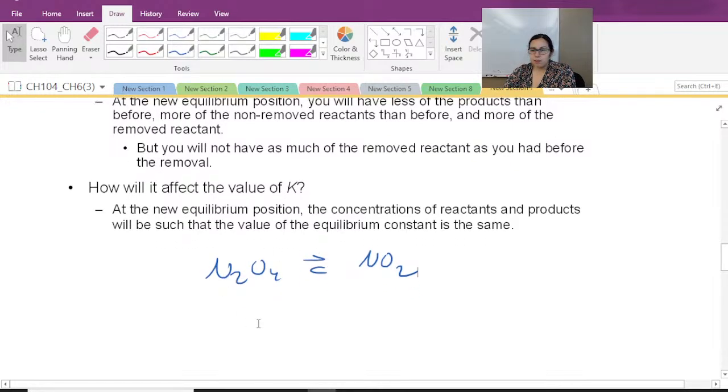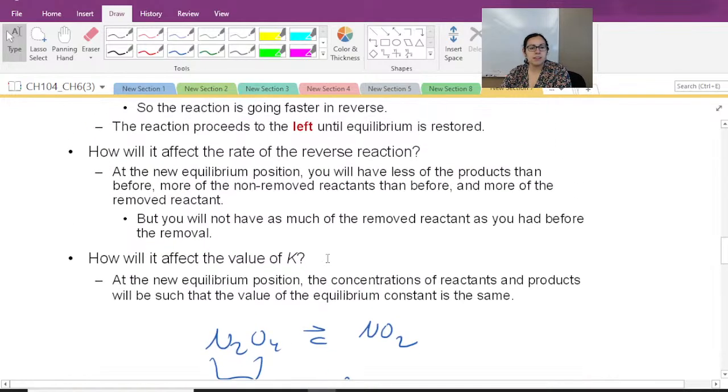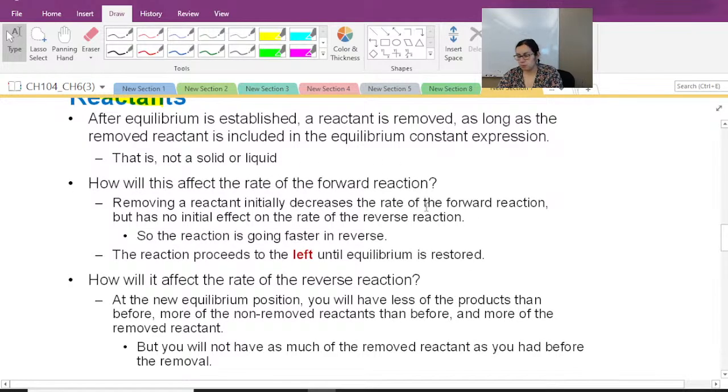So now it's saying if we remove our reactants, you can imagine, it's going to drive it back to favor making more reactants. And so we can see that, and once again, it brings that same caveat, as long as it's not a solid or a liquid. Okay, check. Again, should be aqueous or partial pressures of gases.